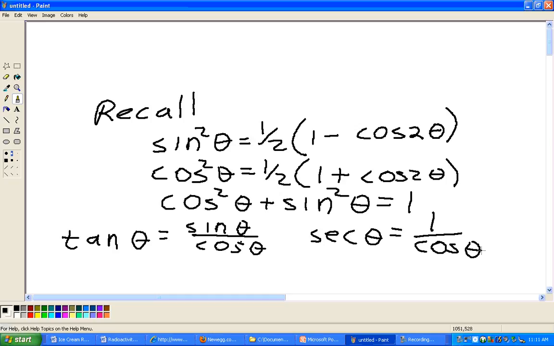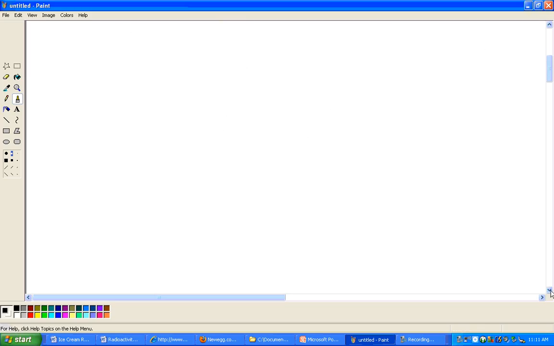One of the more important integrals that we do is the sine squared.